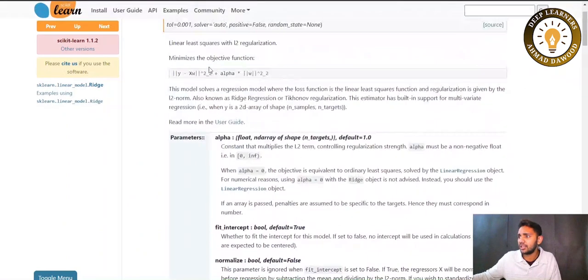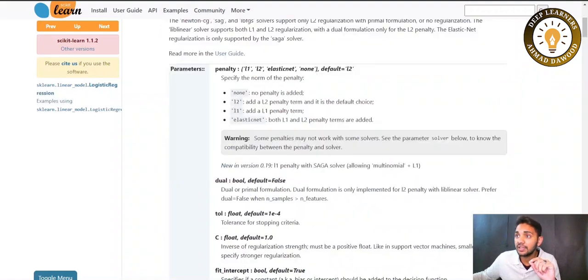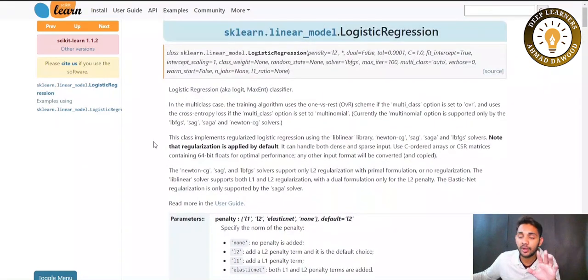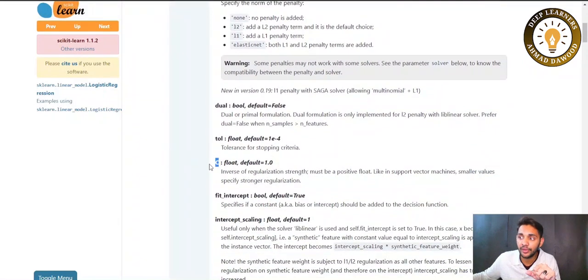Alpha is given by the ridge regularization, like this is the cost function plus alpha into the L2 penalty. So how much L2 penalty we want to add, okay? But in logistic regression, there is no alpha parameter here. Instead, there is a C parameter here.